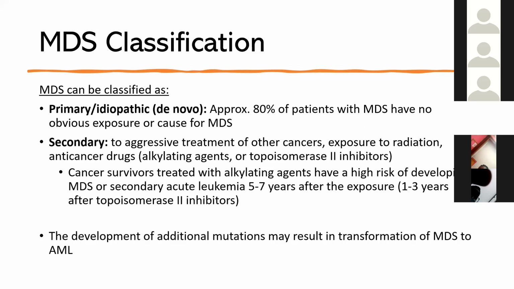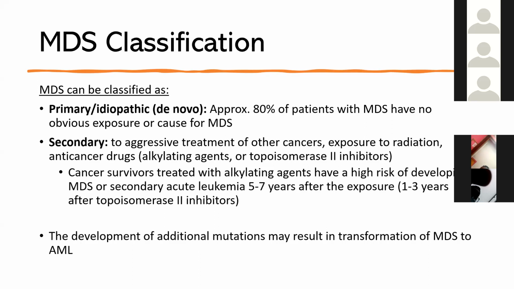However, with the topoisomerase 2 inhibitors, that transformation is even shorter, 1 to 3 years. And indeed, in the wards, we have met patients who had been treated for cancer, then they come back, they're sickly again. And when we investigate them, we find that now they have the myelodysplastic syndrome.